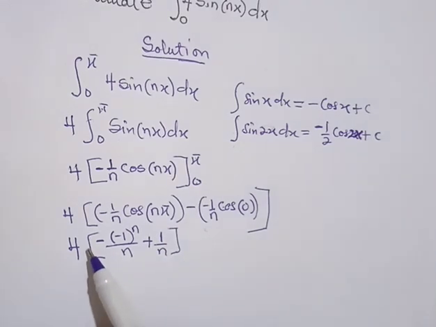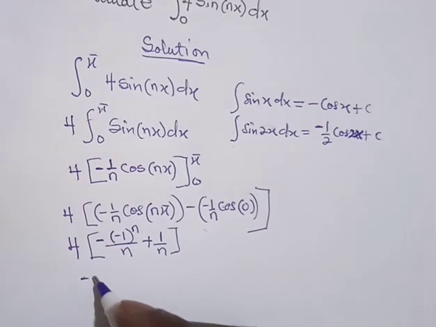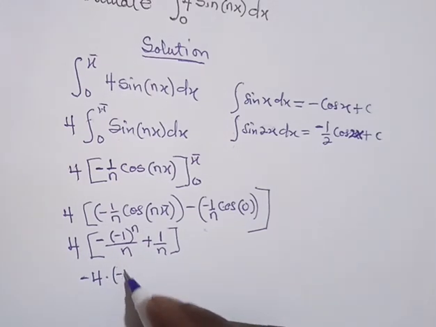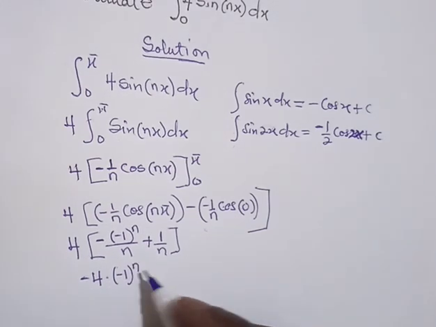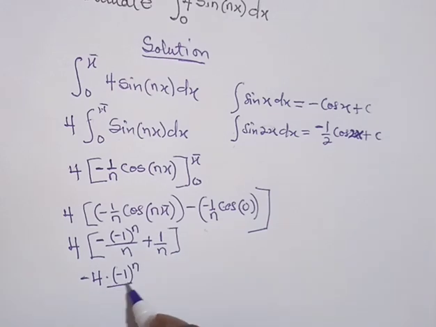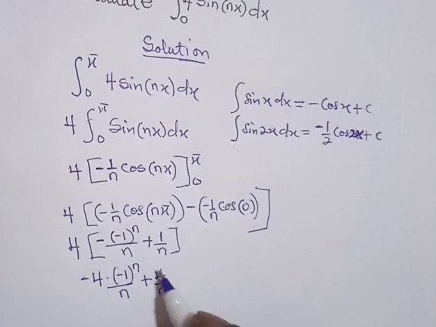Good. So we have 4 out. We can open a bracket like this. So we can get negative 4 times negative 1 exponent n all divided by n, plus 4 all divided by n.